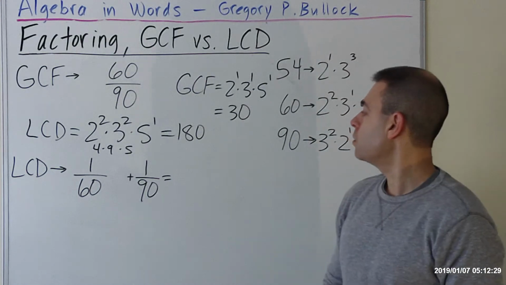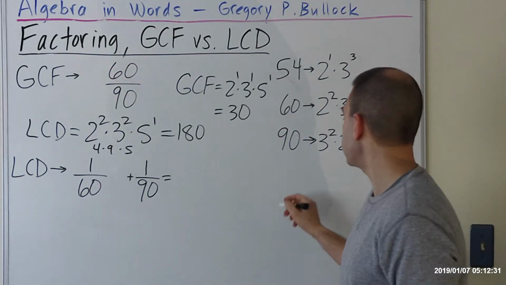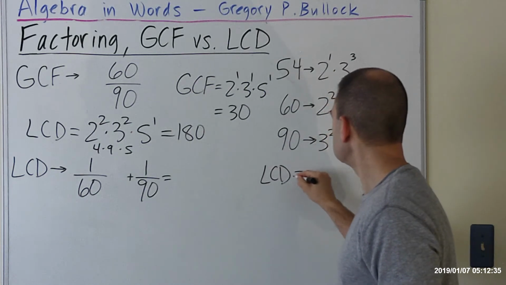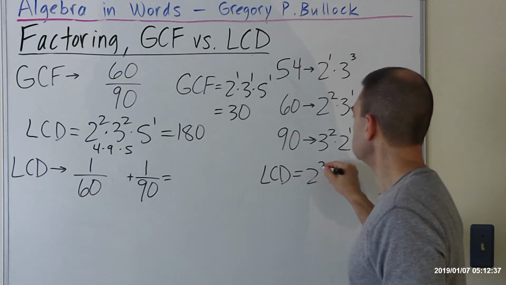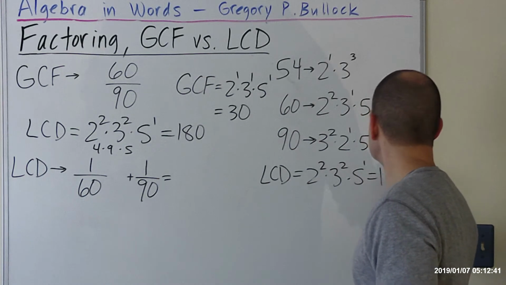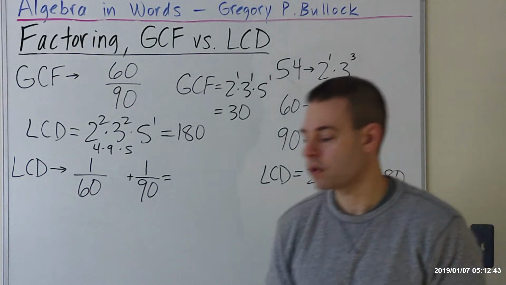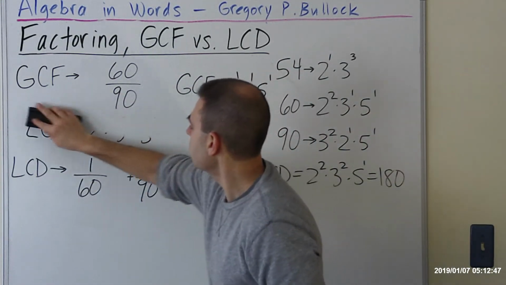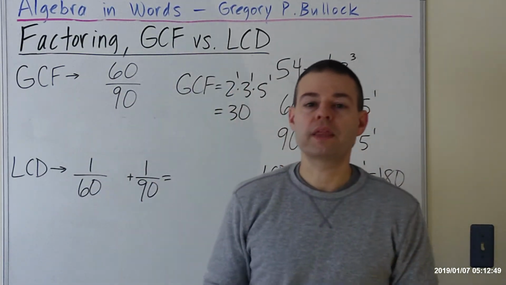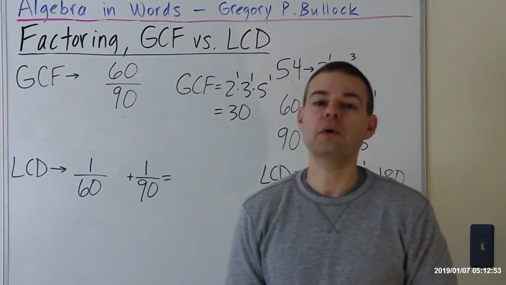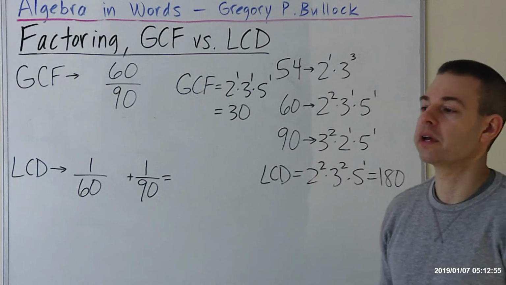Okay, so now that we have them, I'm just going to write that over here for now, so I can erase it here. Now that we found the LCD and GCF of both, now we'll move on to using them, okay?